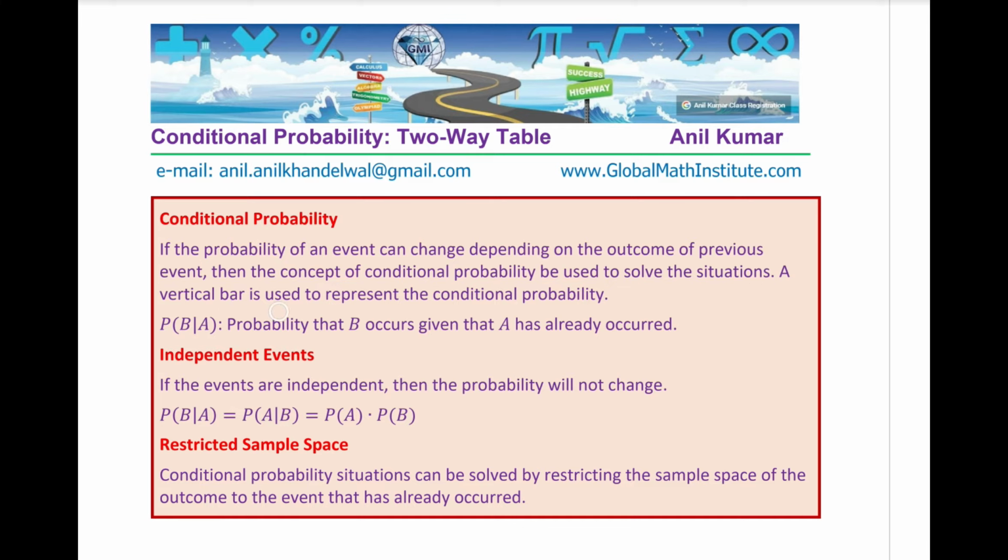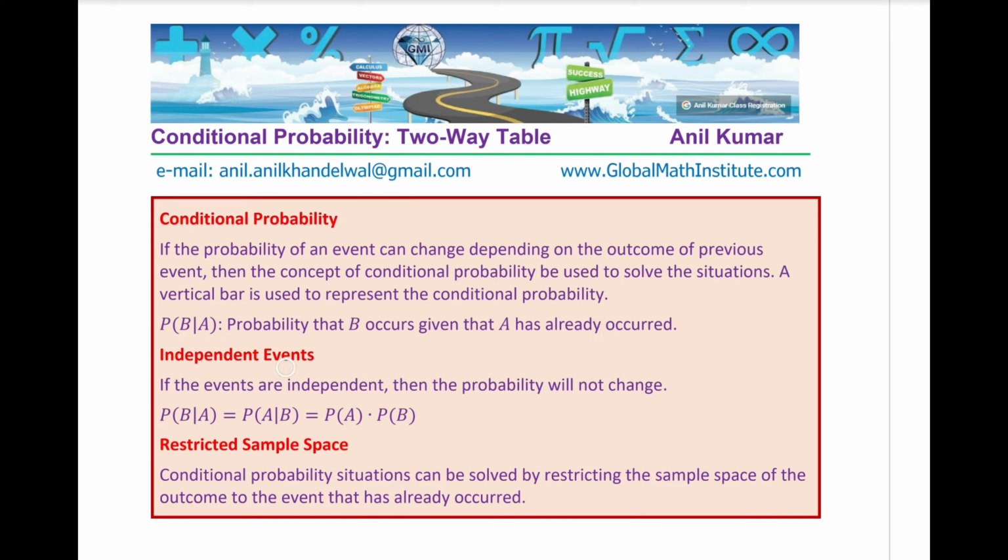A vertical bar is used to represent the conditional probability. So we say the probability of B event happening when it is known that A has occurred. You should read this as the probability that B occurs given that A has already occurred. Correct?